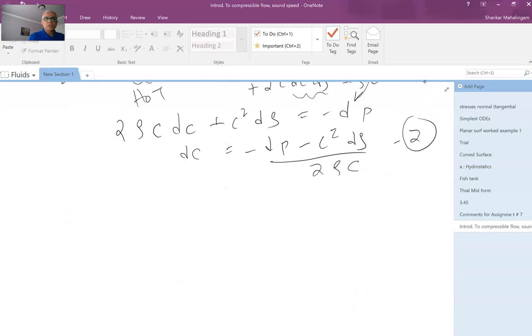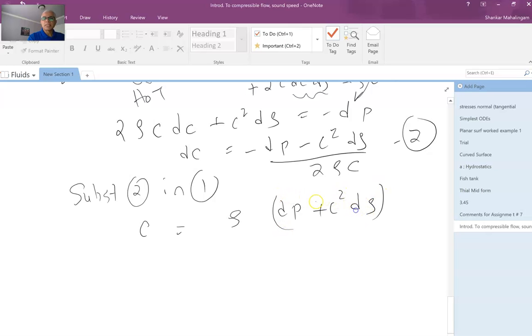And then if I substitute equation 2 in equation 1, which we obtained above, I'm going to get C equals, I'll make that a plus, rho, and then it's dC divided by d rho, but we now have an expression for dC: dP plus C squared d rho. Remember the two negatives make it a plus, divided by 2 rho C d rho.